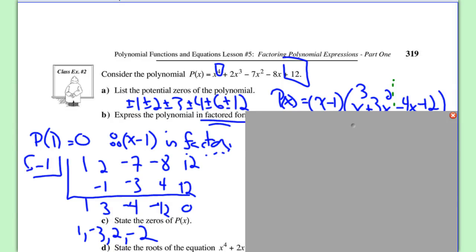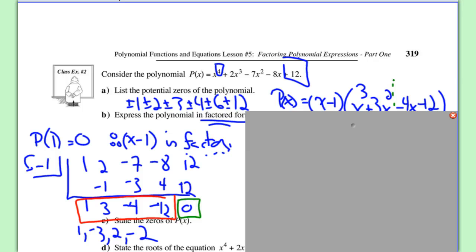I will divide by x minus 1. And when I divide by x minus 1, I get this as my quotient, and this is my remainder. And if I didn't get 0 as a remainder, then that wouldn't be good, right?